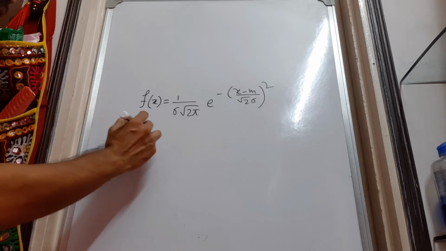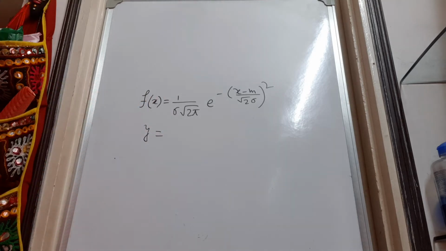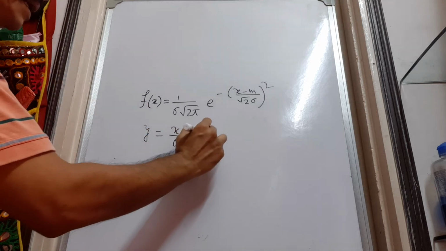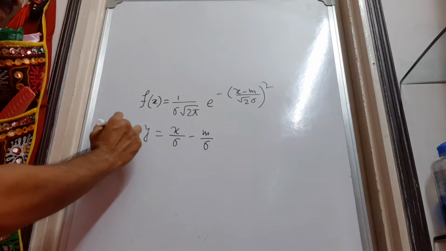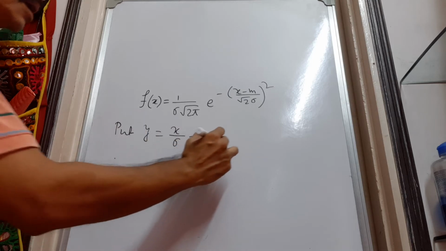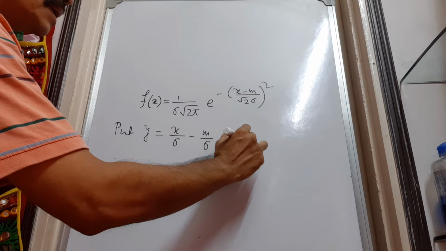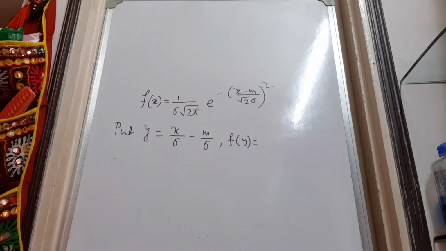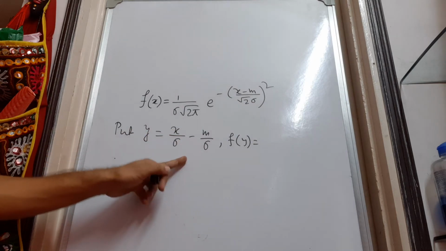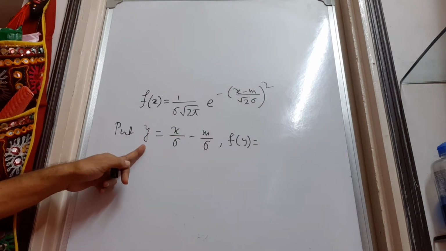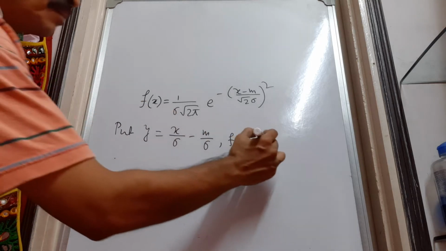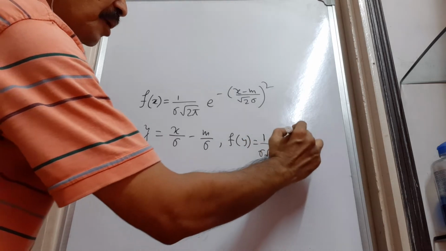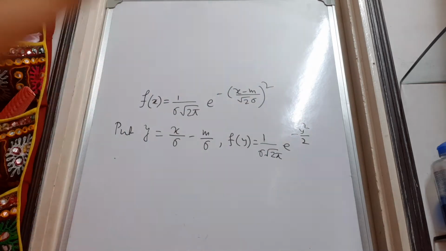Now, if we put y in place of x minus m by sigma, then this turns out to be, see, we have put x minus m by sigma equal to y. So, this will turn out to be 1 by sigma root 2 pi e to the power minus y square by 2.